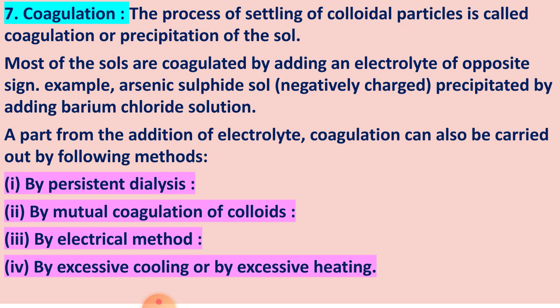If more boiling takes place, what happens here? When a sol is boiled, the adsorbed layer is disturbed due to the increased collision with the molecules of the dispersion medium, and this reduces the charge on colloidal particles and ultimately leads to settling down in the form of precipitate. That's why excessive heating also causes precipitation of a colloidal solution.